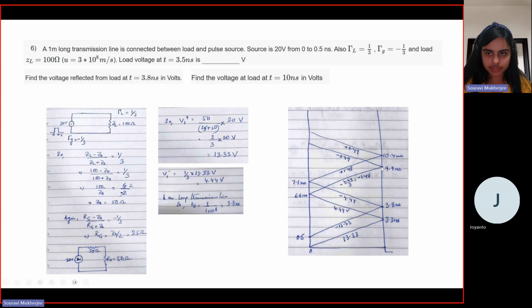And you can see it starts from here. So it has already got reflected at this end. So here what you have to do is basically minus 0.49 minus 1.48. So that's the effective voltage that you have at 10 nanoseconds. So that's how you can try to answer this kind of questions.